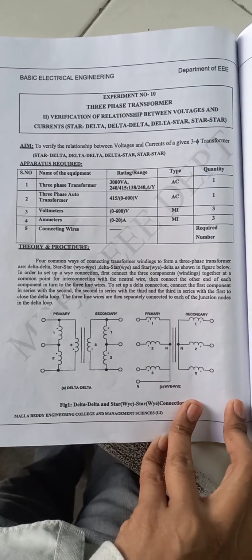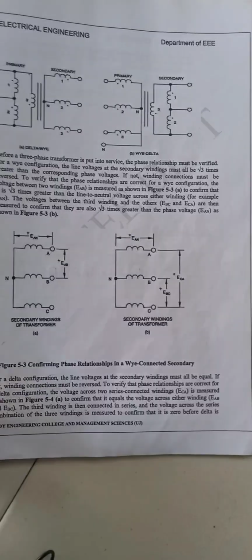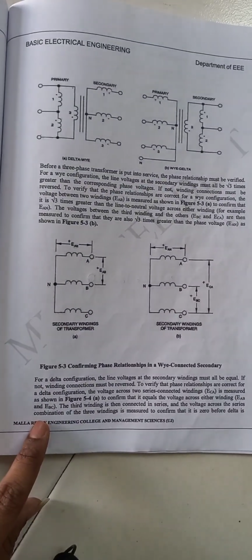According to our manual, we need only line voltage and phase voltage, on both the primary side and secondary side.